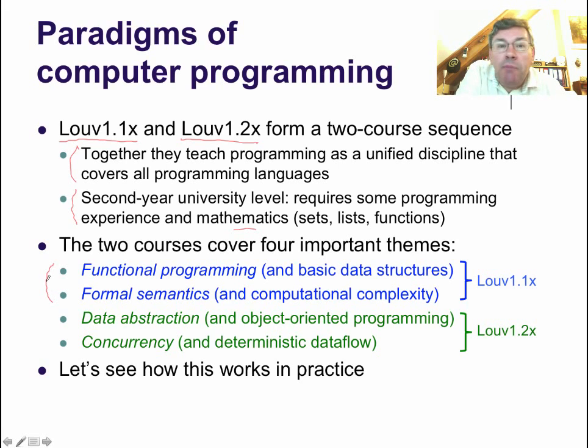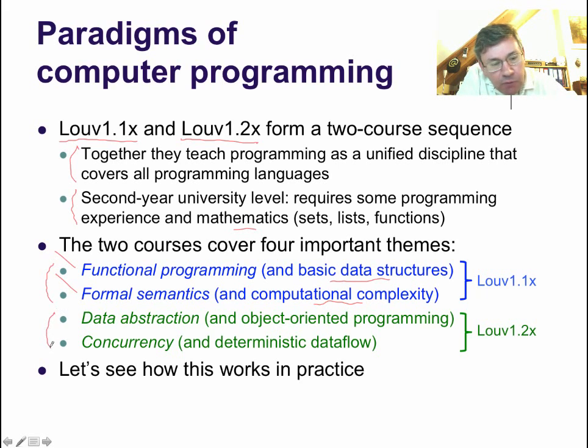In Louvain 1.1x, we cover functional programming and formal semantics, which is in some sense the apotheosis of this course. In functional programming, we will also cover important basic data structures and techniques, and in formal semantics we will talk also about computational complexity. This is essentially how the execution time or space of your program changes when the input size increases without bounds.